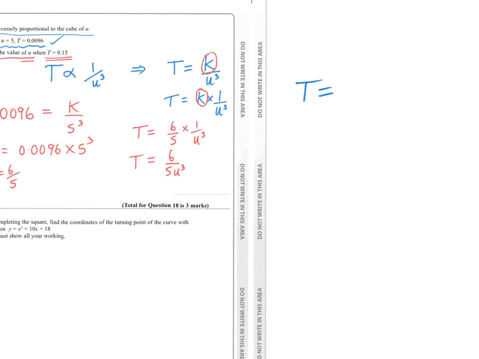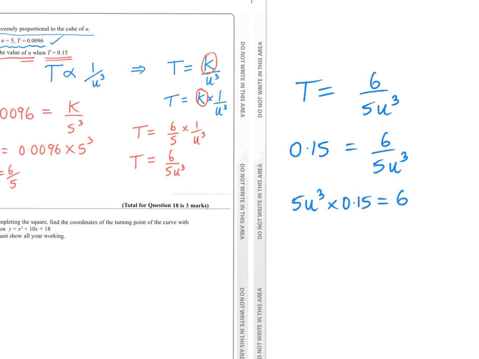So we've got t is 6 divided by 5u cubed. We've got to find the value of u when t is 0.15. Just by rearranging this, timesing both sides by 5u cubed would give us this situation, and then dividing both sides by 0.15 would give us this, and then divide both sides by 5 again.